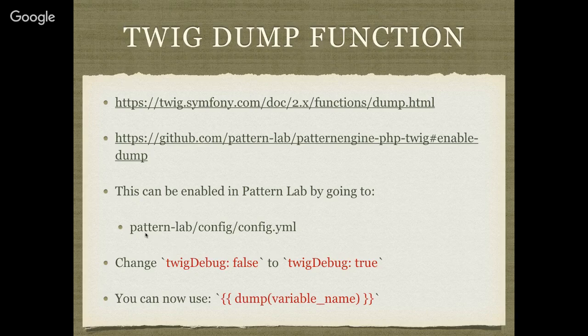You're going to find your Pattern Lab directory, most likely within the vendor directory, and then config and config.yaml. Change Twig debug from false to true, and then you can actually use the dump function, which I found a little bit easier to use than Kint, because if you have too much stuff in Kint, one, it's super slow to load, and two, you're digging around trying to find the specific thing you want. So I think more in terms of the dump function.